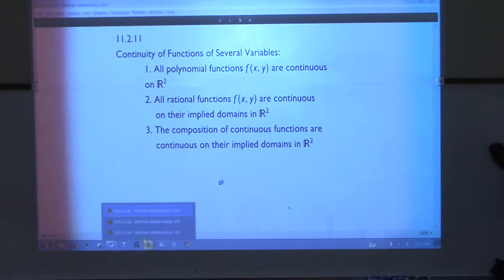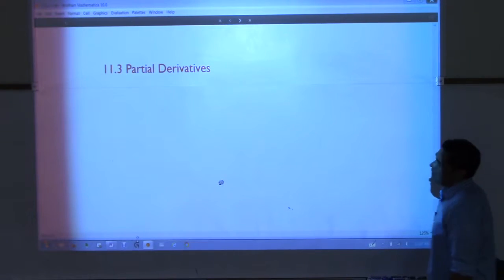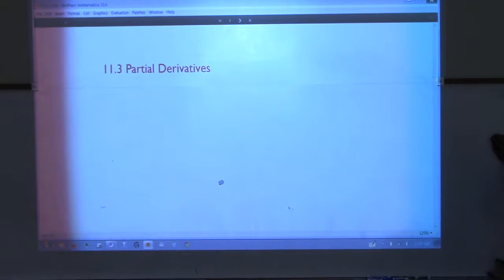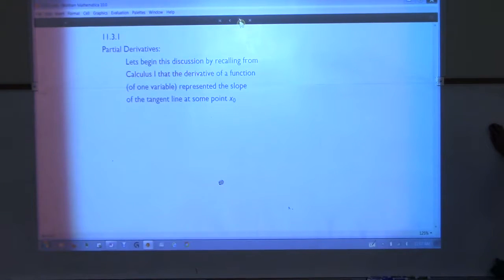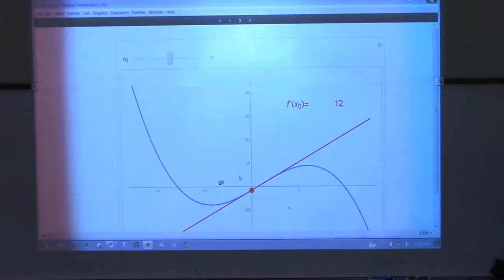We're going to move to 11.3, partial derivatives. All right, so I've got a pretty good little picture here to show you to help you understand what a partial derivative is. But we'll begin by remembering from Calculus 1 that the derivative of a function of one variable represented the slope of the tangent line at a point.